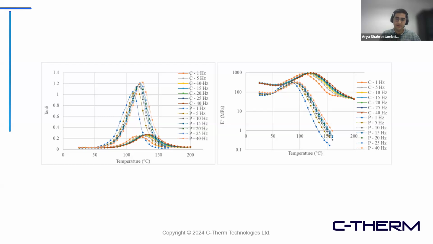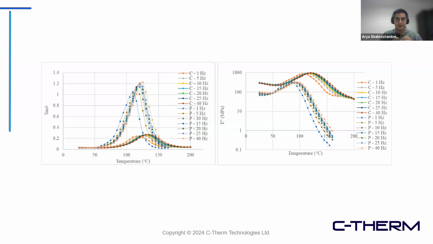The height of the peak can differ based on how capable your material is in dampening. For example, for sample series C, the height of tan delta is lower, and for the pristine epoxy, the height of tan delta is higher, which means it can dampen vibration better, with a higher capability in dampening.